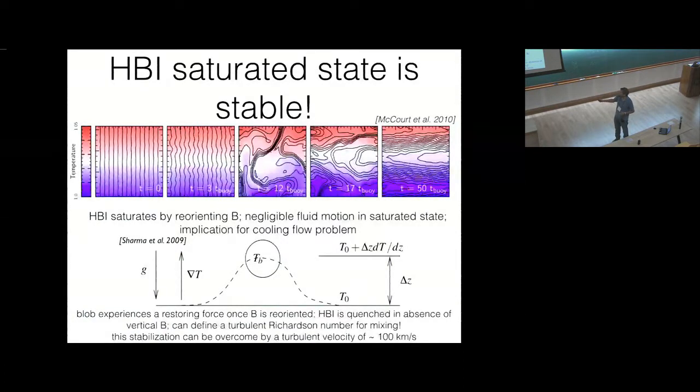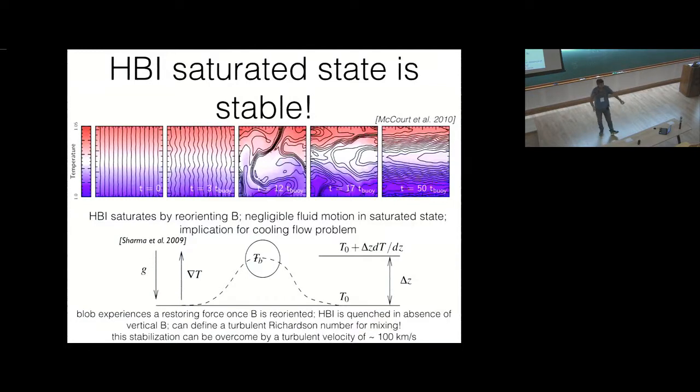I mean, it essentially is like a stably stratified fluid in a classical sense. Because if you see, now in this stage, if you have horizontal field lines and if you perturb this blob, you'll see that there is a restoring force which brings it back to its original location. So the nonlinear saturated state of this instability is akin to a stably stratified atmosphere. Okay, and for mixing in a stably stratified atmosphere, we can define something called a turbulent Richardson number. So the physical setup is quite simple.